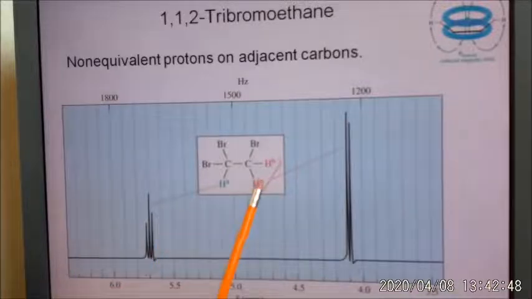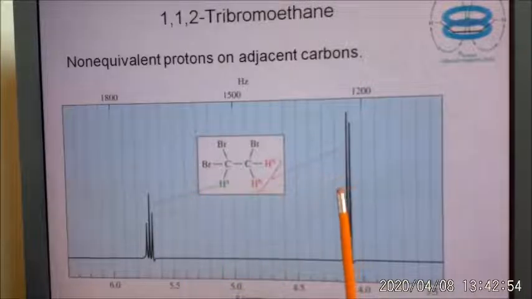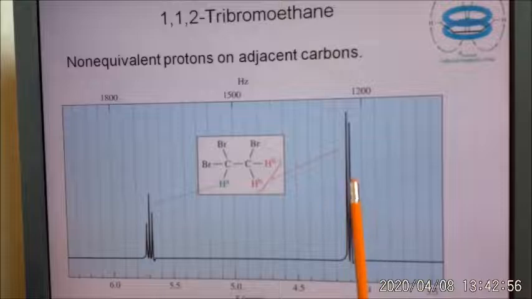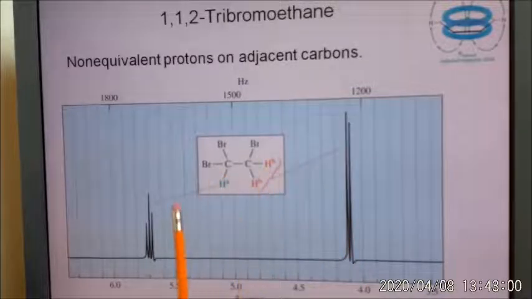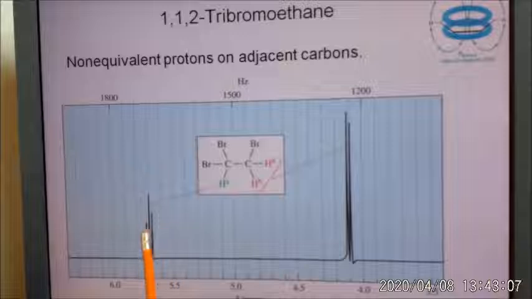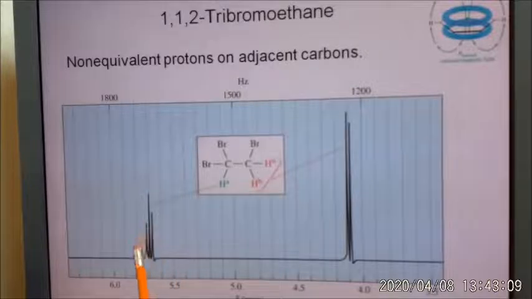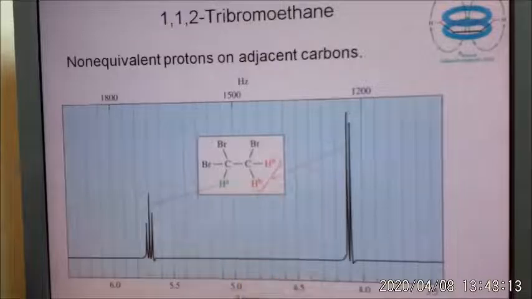Now, these protons have one neighbor, so that neighbor splits it slightly upfield and downfield. This one has two neighbors, so these two can affect it. So now I have a shift downfield, upfield, but now I have 3 peaks when I have two neighbors. I have 2 peaks when I have one neighbor.